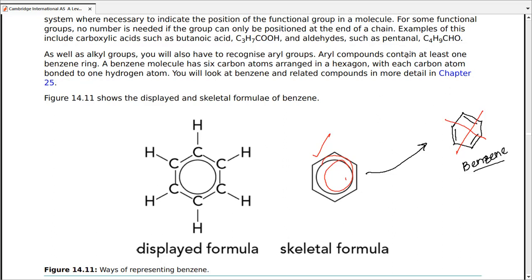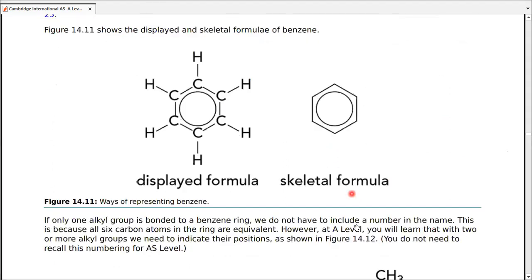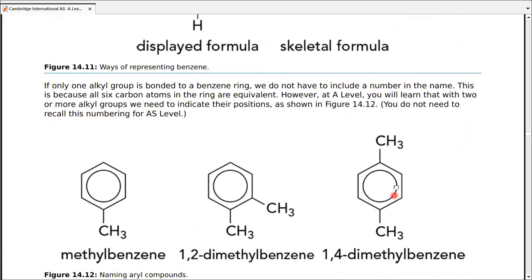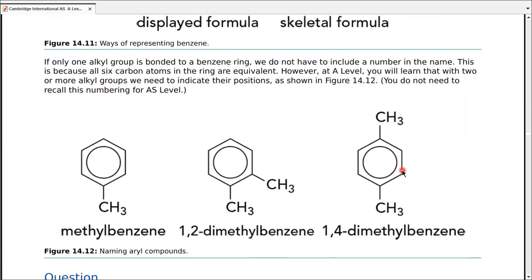All right. Any compound having this structure as a part of it would be known as an aryl compound. This substance itself is known as benzene. Now, a few of the aryl compounds have been shown over here, and also their naming. If there is only one alkyl group bonded to the benzene ring, like in this case methyl, we don't have to include a number, and we can simply name it methylbenzene.